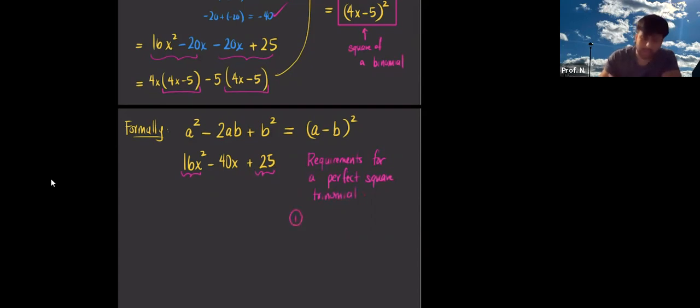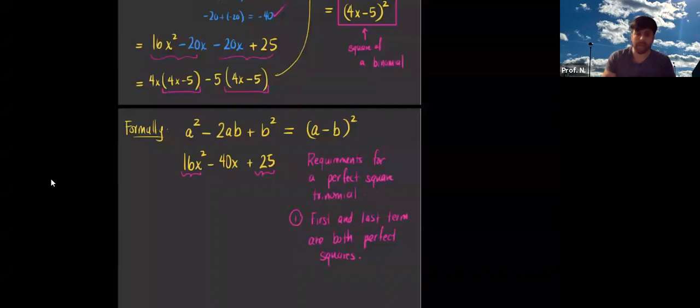The first one is that the first and last terms are both perfect squares. That's the first checkpoint. That's the first requirement that must be met.